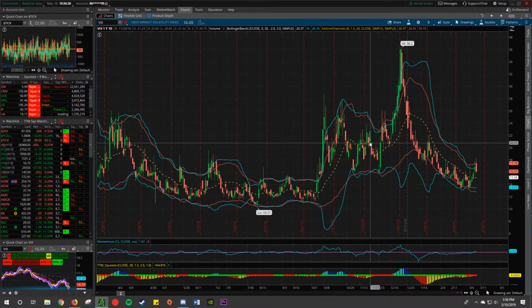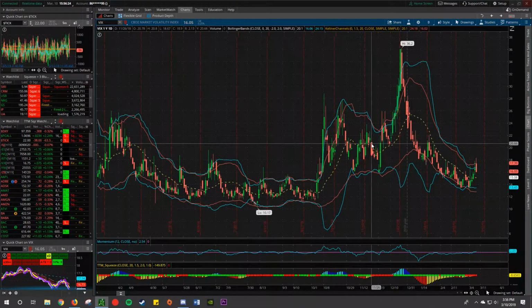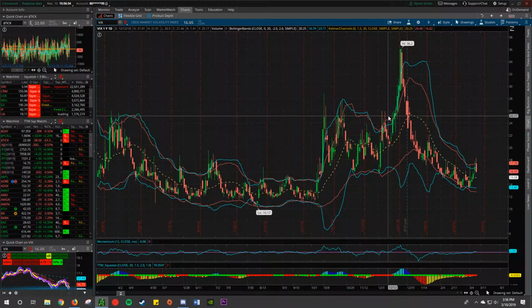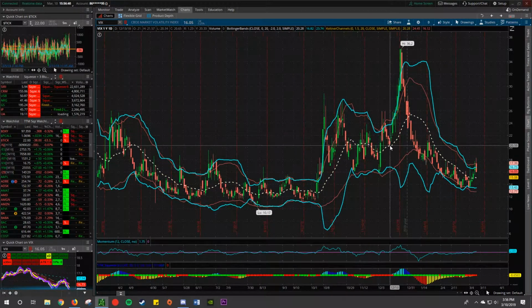Right, and then you can see here that it consolidated, went back down, losing a little bit of gas. Boom, it punctured it again, and then it went flying up again. Conservatively it would have been here, but it punctured through the top of the band, came back to the middle, and then from there took off.